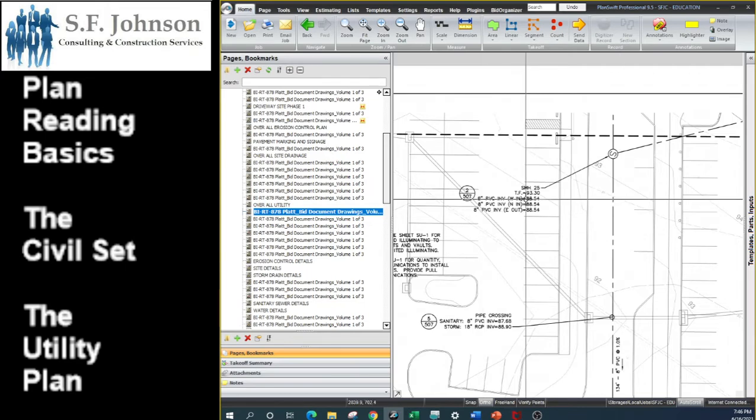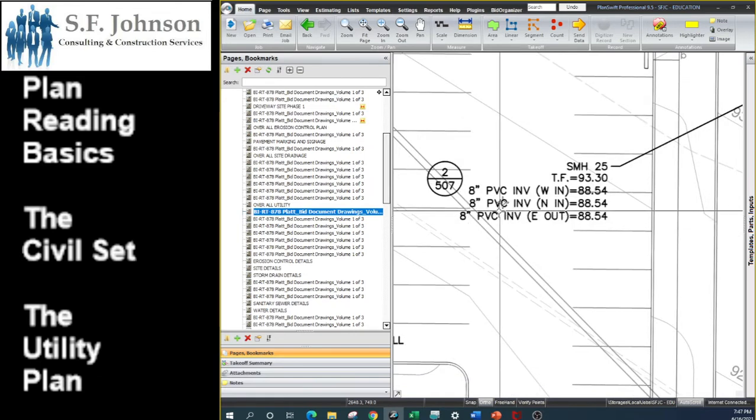And so what this is telling us is the size of the pipe, 8-inch PVC, and this is giving us our up and down. What's our GPS coordinates for that? Top of frame is here. So the top of the manhole cover is there.